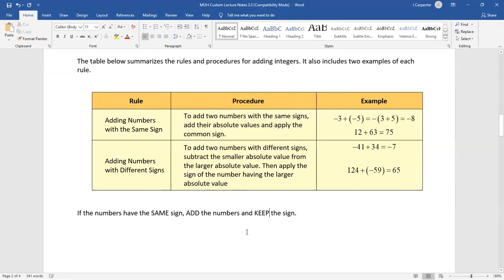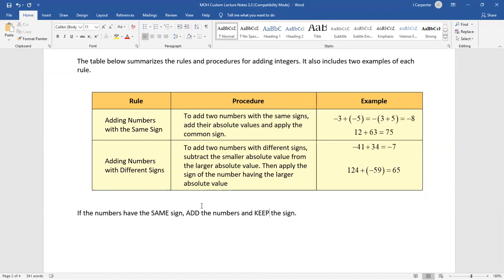So I'm taking out the stuff about absolute values. I'm changing the phrase common sign to keep the sign, just to make it a little simpler. So when I say add the numbers, I mean, if they're both negatives, just add the non-negative part of it. So if you have negative 3 plus negative 5, I'm just saying to add the 3 and the 5 and then keep the negative sign with it.